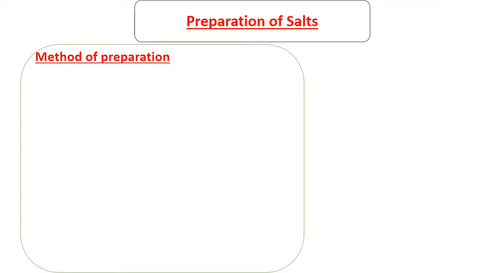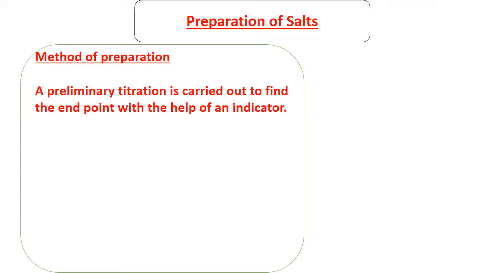So, the method of preparation. There are two most important stages. The first stage is called the preliminary titration. In preliminary titration, you do a titration to determine the amount of acid that is needed for the reaction to occur.